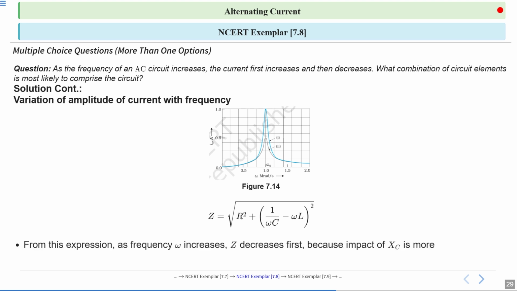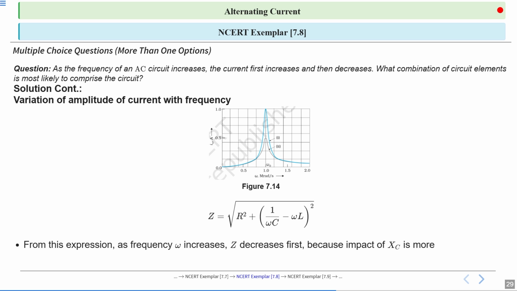From the expression, as frequency omega increases, Z decreases. Why? Because the impact of XC is more. We have assumed that it is a capacitive circuit, meaning XC dominates and is more than XL initially.